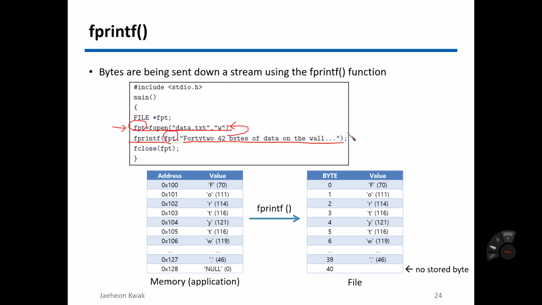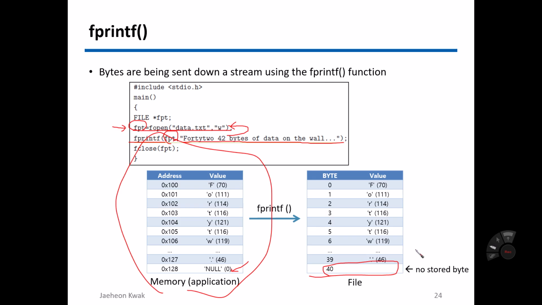And yeah, it's very easy, right? But you have to be careful to see this. In the memory space, we have to put this null character to specify the end of the string, right?